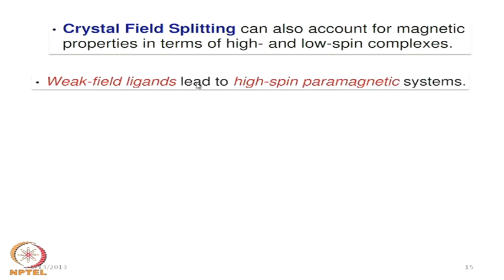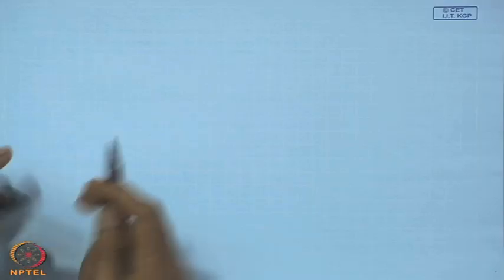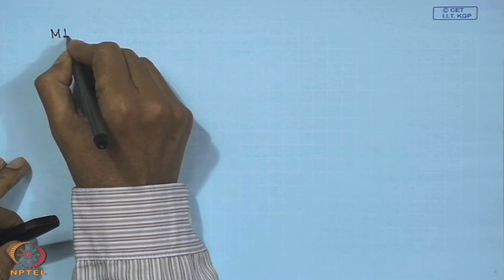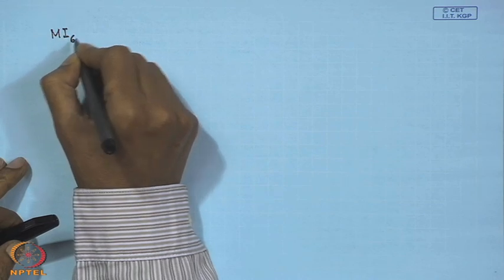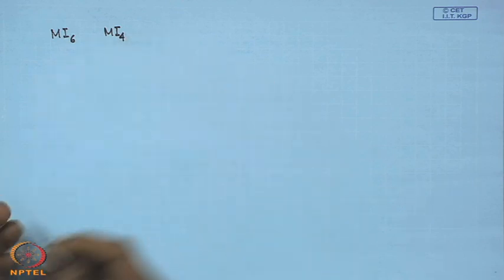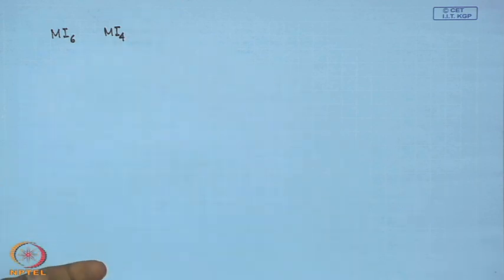Weak field ligands lead to high spin paramagnetic systems. Therefore, we have ligands such as iodide or bromide. If we have the corresponding metal and iodide, say MI6 or MI4, the expectation is that in these cases we can have high spin compounds.